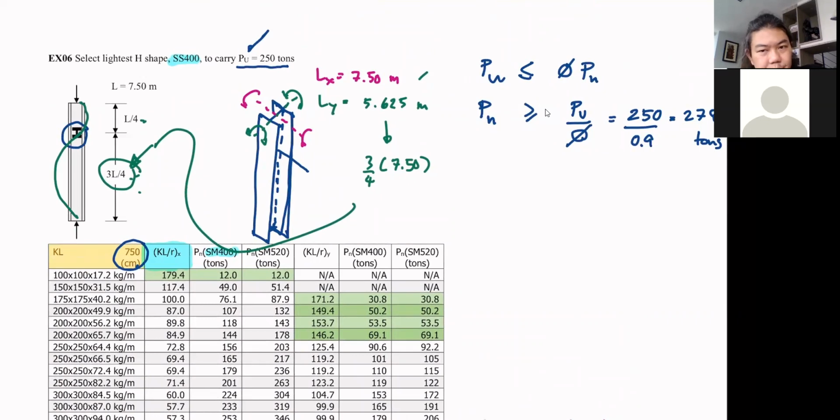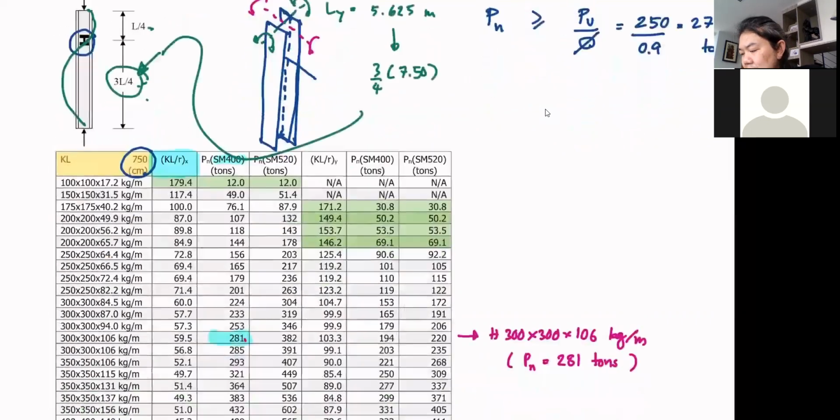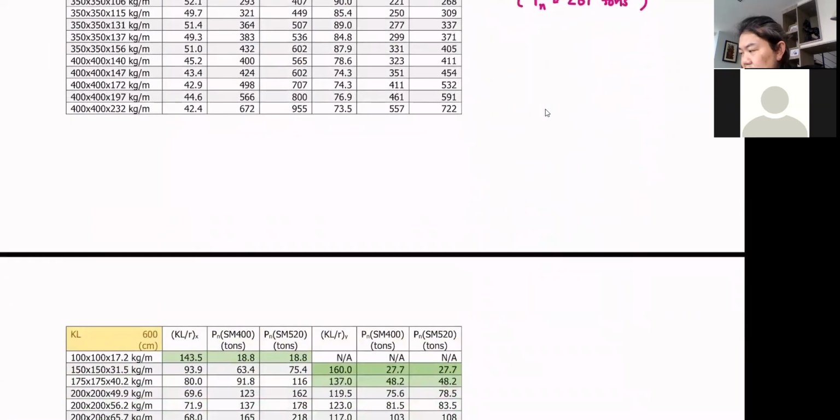So what do we do? We need to go over and select the table with the KL perhaps greater than the number that we are going for, because we are looking for the capacity for KL equal to 562. So if we choose 600, we are choosing the number from more slender information. So we should be safe. We are on the safe side. We are being slightly conservative.